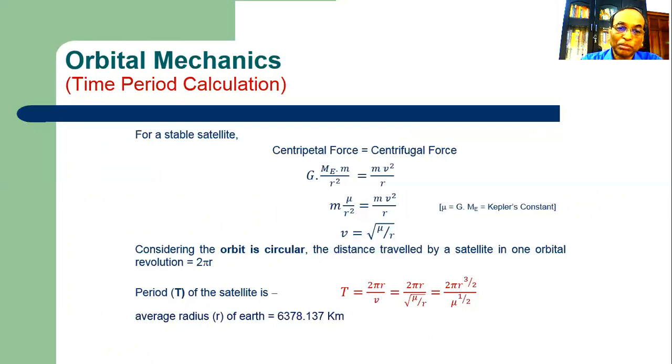The average radius of Earth is 6378.137 kilometers. So one can compute it and get the revolution time of the satellite, the time period.